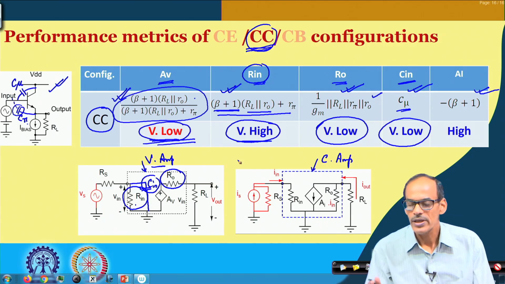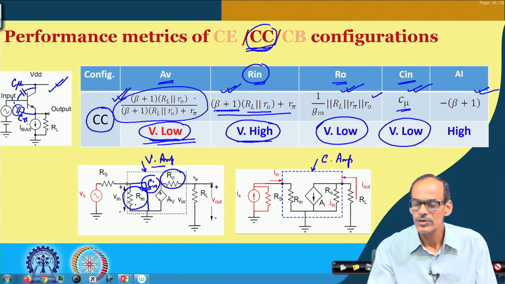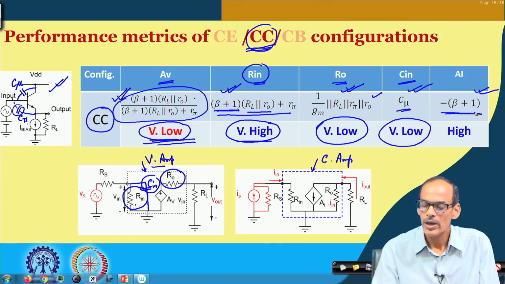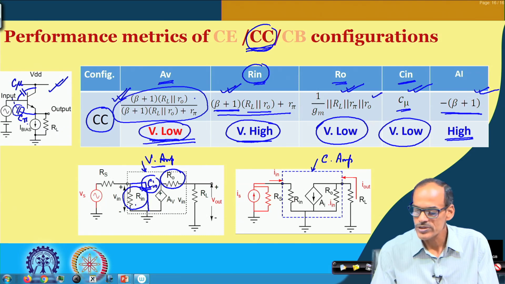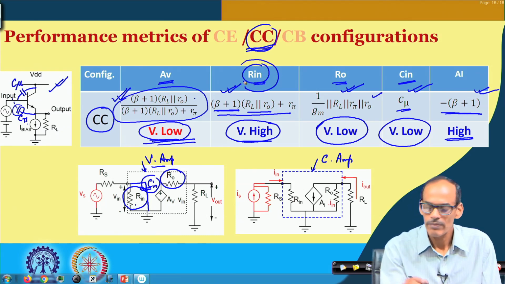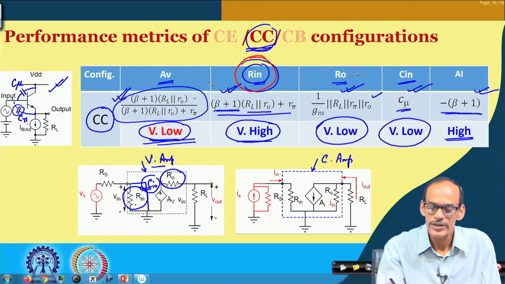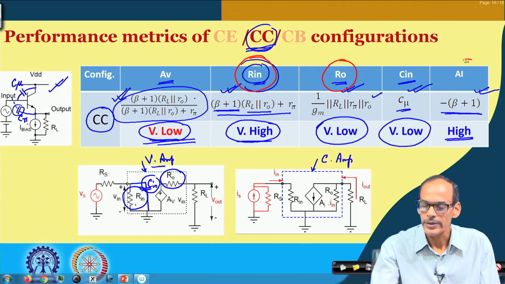I must also say that this circuit has a very good current gain, beta plus 1, and since this is high, depending on the application, this circuit can be used as a current amplifier. But then the natural question is whether the input resistance and output resistance are really supportive for a current mode amplifier.